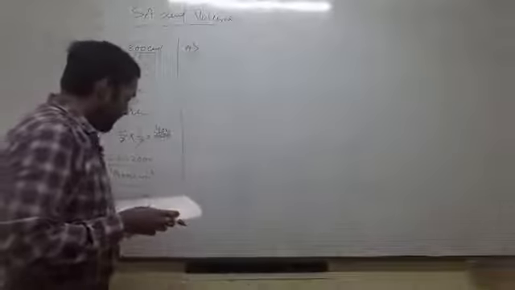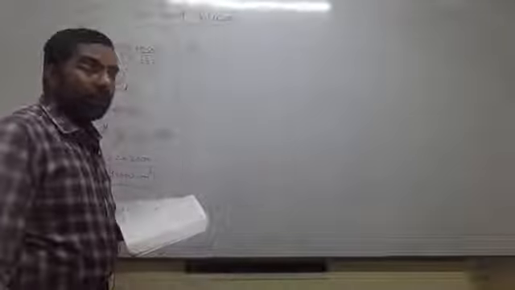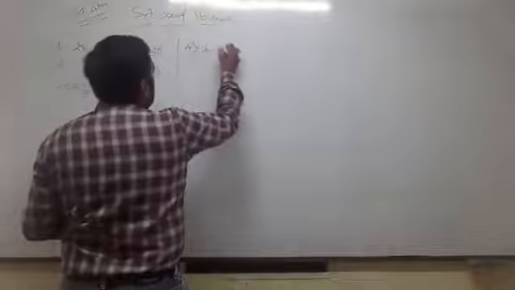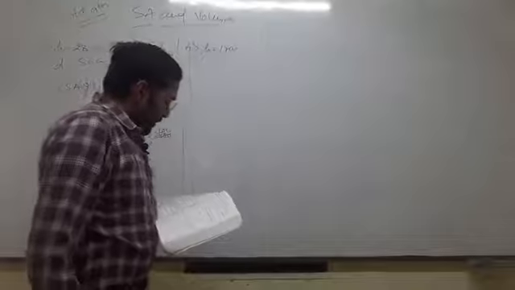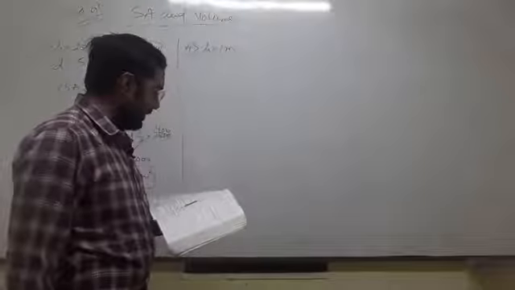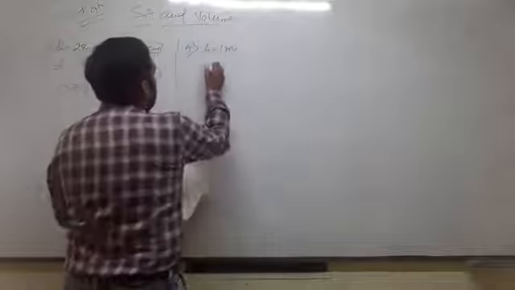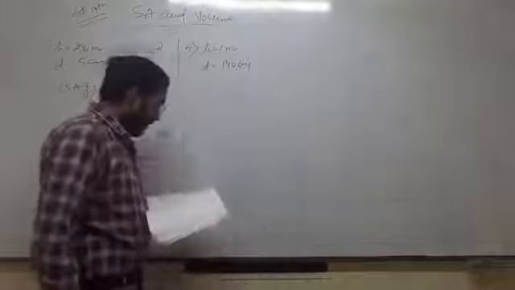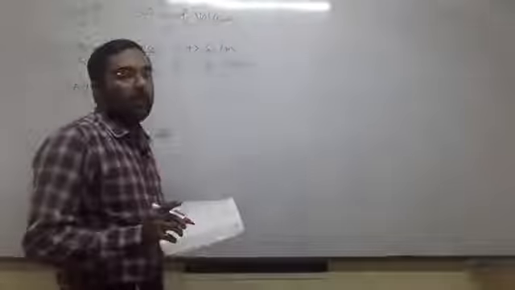So my question is, it is required to make a closed cylindrical tank of height 1 meter. Height of the cylinder is 1 meter. And base diameter is 140 centimeter. From a metal sheet, it is required to make a closed cylindrical tank.